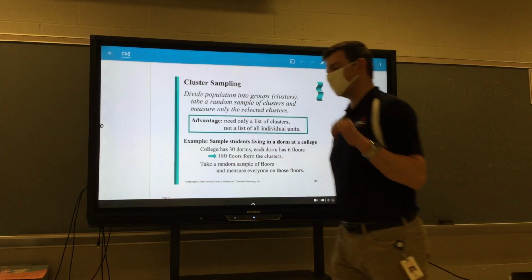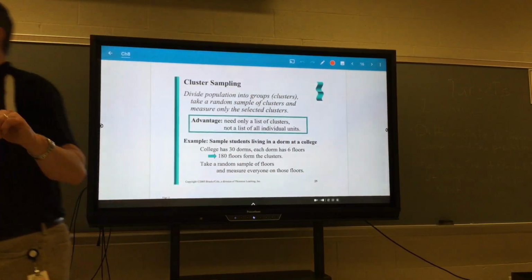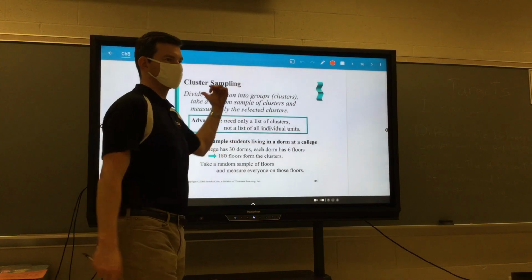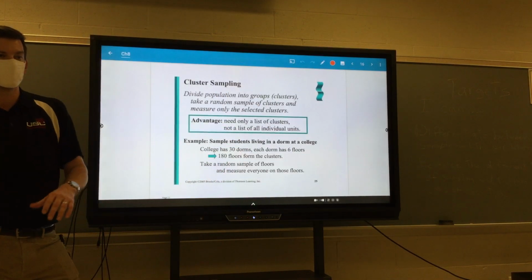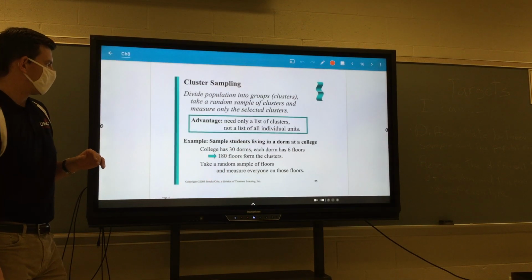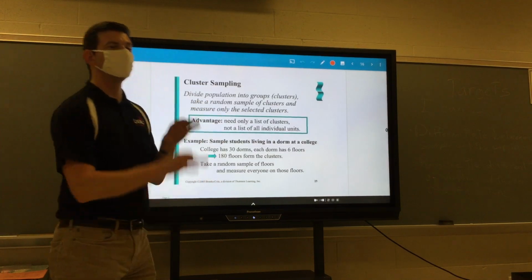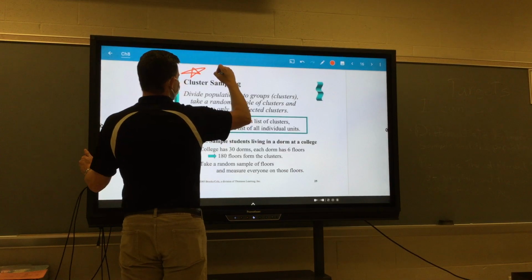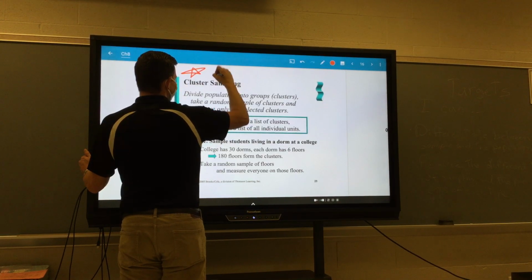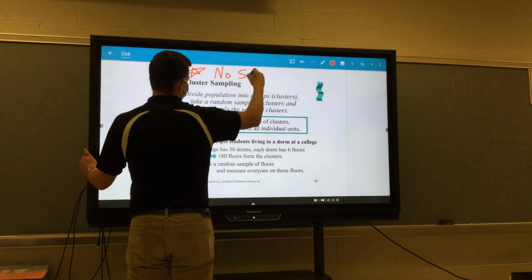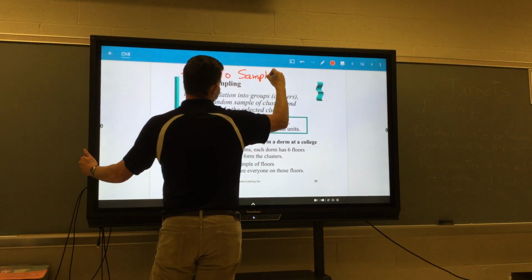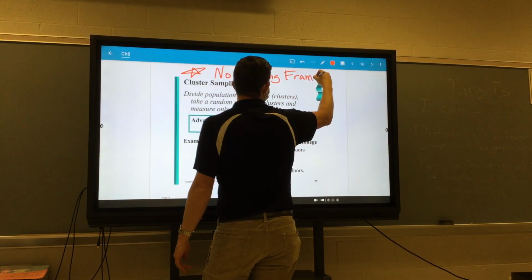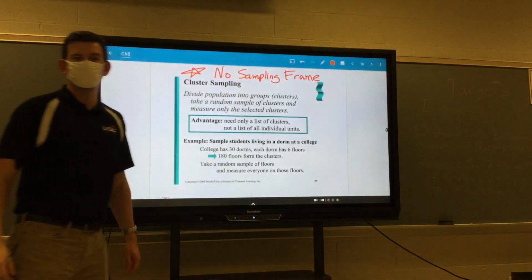Cluster sampling is similar to stratified in that you're still splitting it into groups. Obviously, this one you call clusters rather than strata. But the key difference here, the big perk of cluster sampling, is you do not need a sampling frame. Do not need a list of everybody in that population.